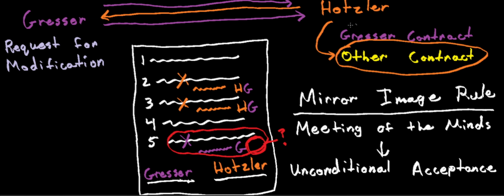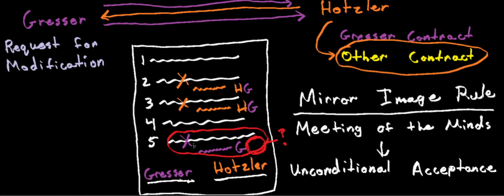So Gresser argued that when Hotzler sent back the contract that had the few provisions that were changed, Gresser had unconditionally accepted those revisions and signed. He had signed. He had initialed Hotzler's changes.